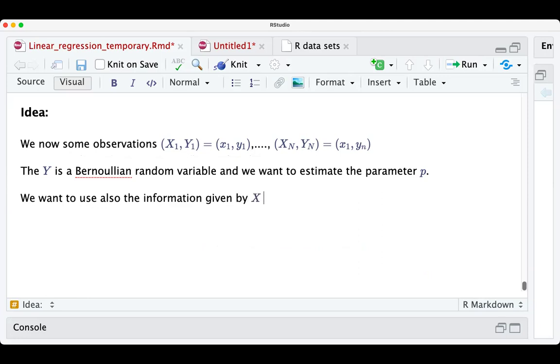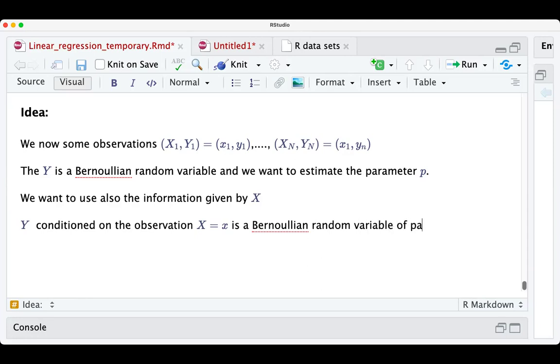So in general, y conditioned on the observation x equal to x is a Bernoullian random variable of parameter p of x.